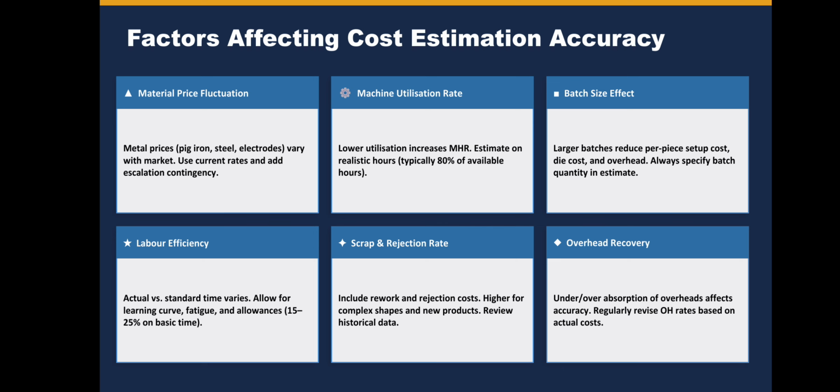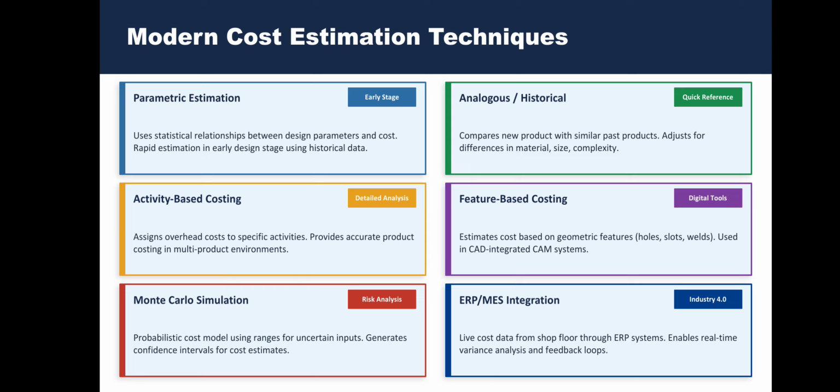The factors affecting cost estimation accuracy are material price fluctuation, machine utilization rate, batch size effect, labor efficiency, scrap and rejection rate, and overhead recovery. These are the main factors affecting cost estimation accuracy. The modern cost estimation techniques are parametric estimation, activity-based costing, Monte Carlo simulation, analogous or historical costing, feature-based costing, and ERP or MES integration.